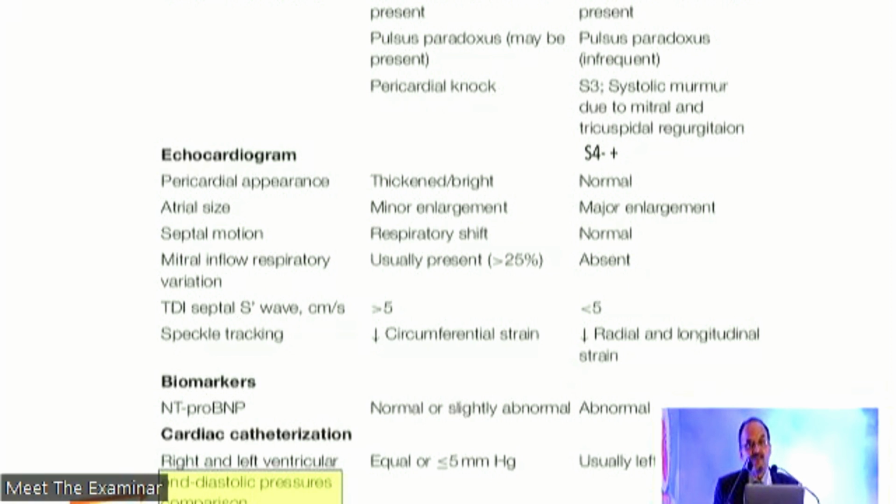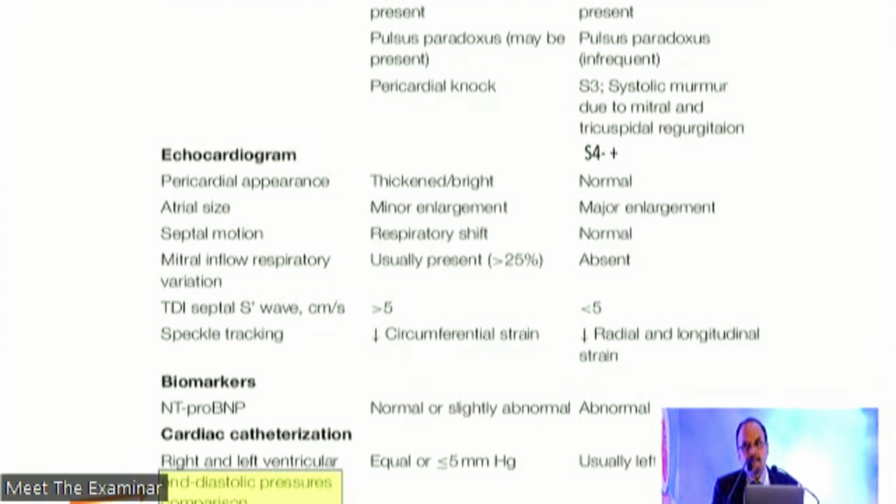You can measure the pressure in the right atrium and the right ventricle, and then do the pulmonary capillary wedge pressure, which will give you the LA pressure. So if you have three of the four chambers where you have equalization of diastolic pressures, that is suggestive of constrictive pericarditis. Echocardiographic features we will see a while later.